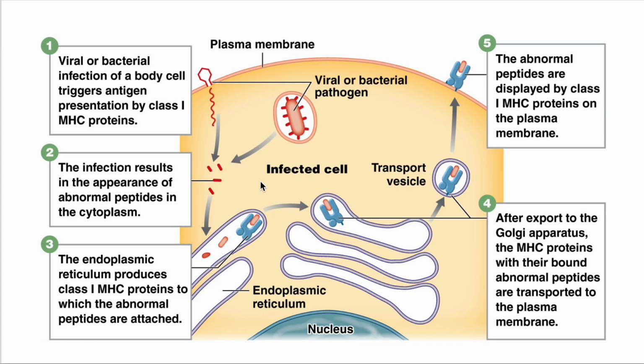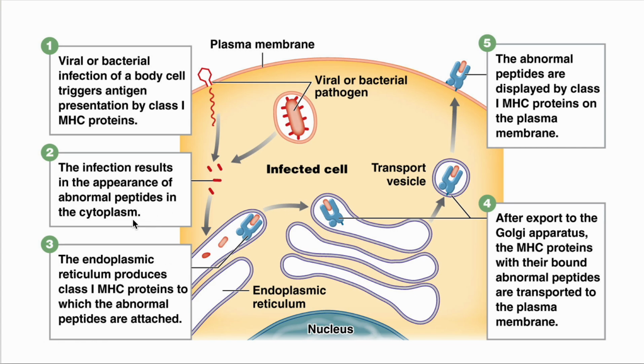So how that's going to work is that the infection actually creates the appearance of abnormal peptides. Remember, that's little short amino acid chains or small proteins in the cytoplasm, which in turn will cause the endoplasmic reticulum to produce those class 1 MHC proteins.